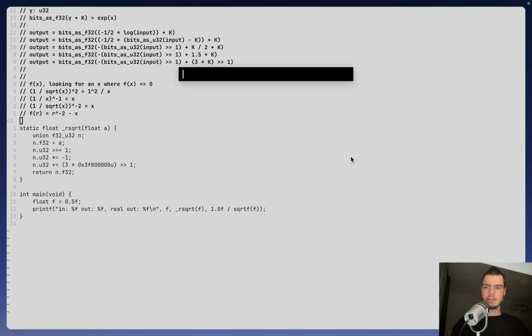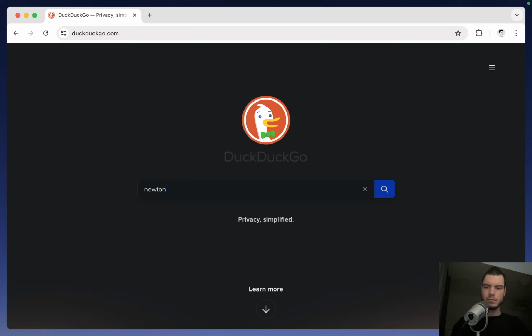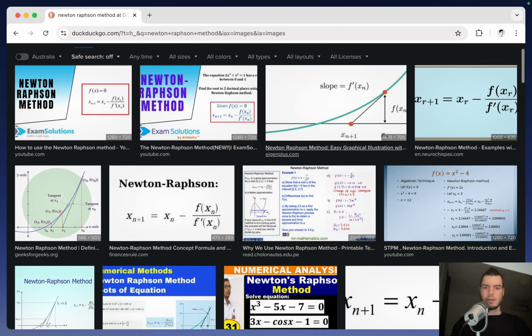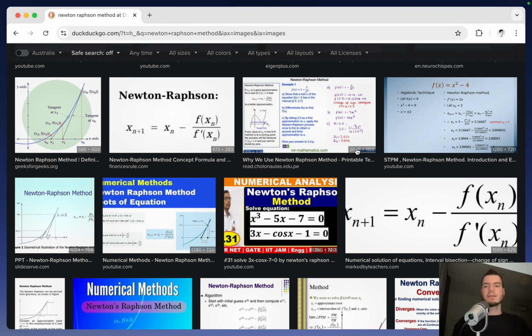Now let's have a look at the definition of the Newton-Raphson method. We can see that it's defined as our next guess for an x value. In this case, the next r value, like our result of the inverse square root, is the current value of r minus the evaluation of our function divided by its derivative.